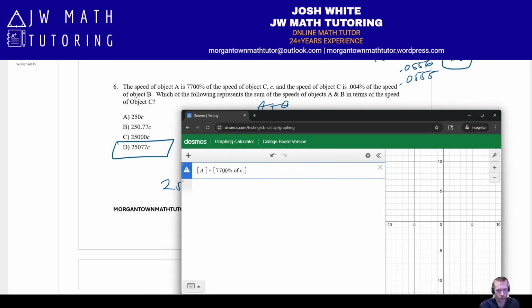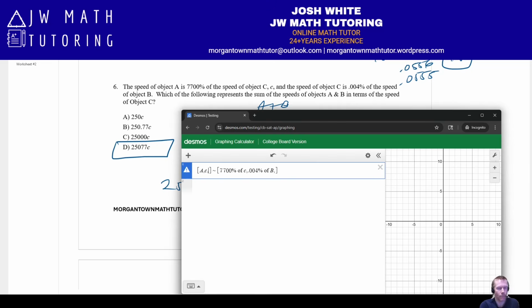Then, next, c, the speed of object c, is 0.004% of b. Okay. Then, we want to know the speed of basically a plus b together.